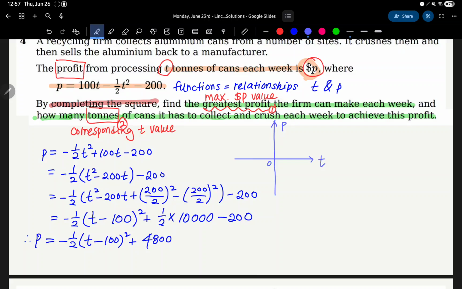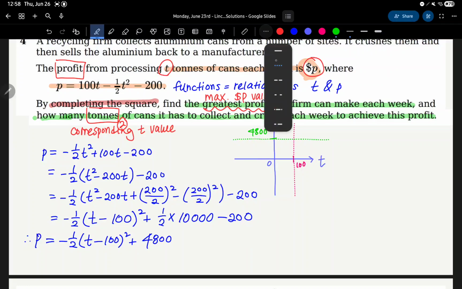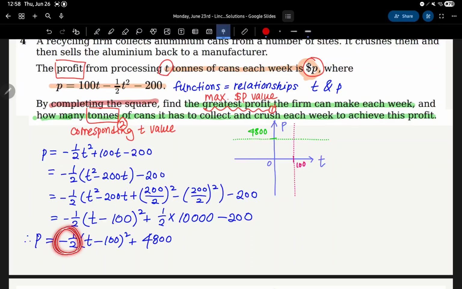So we notice that when the t value is 100, the p value is going to be 4,800, right? We also notice that since the coefficient of t squared is a negative number, the quadratic function is going to look like an N shape, right?